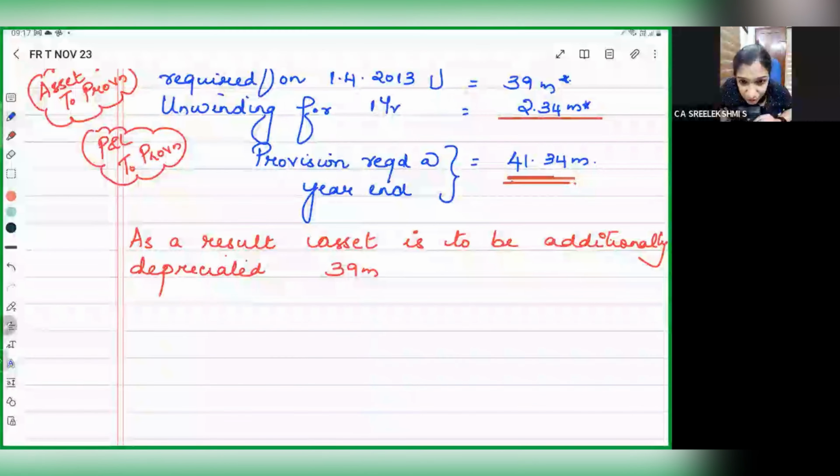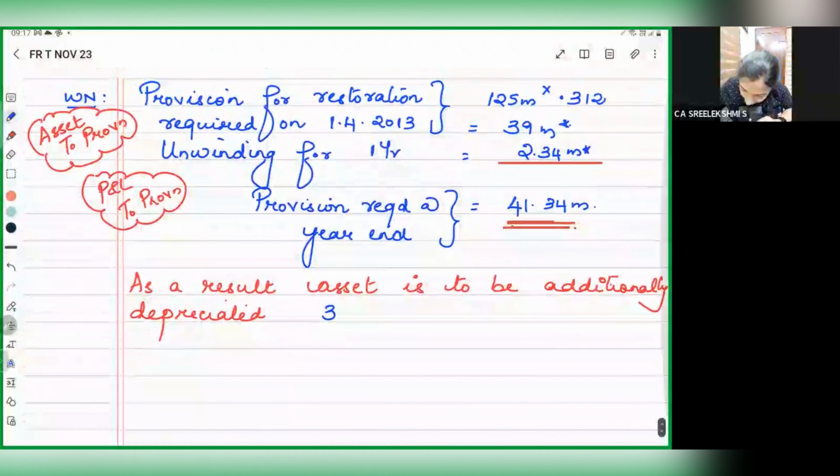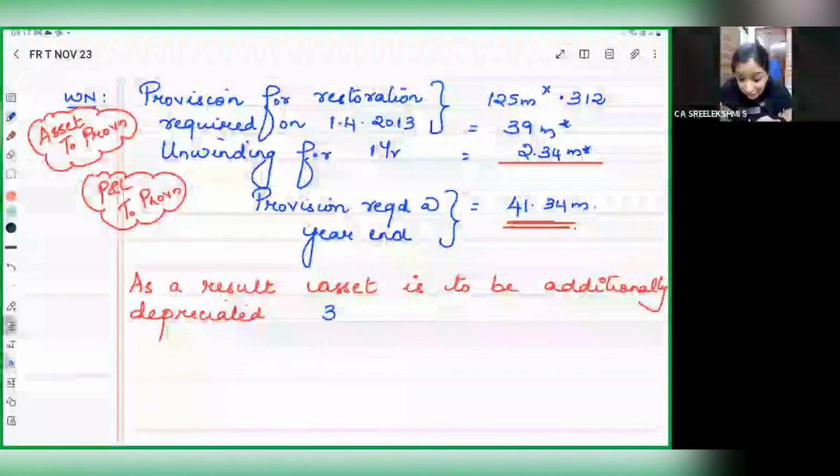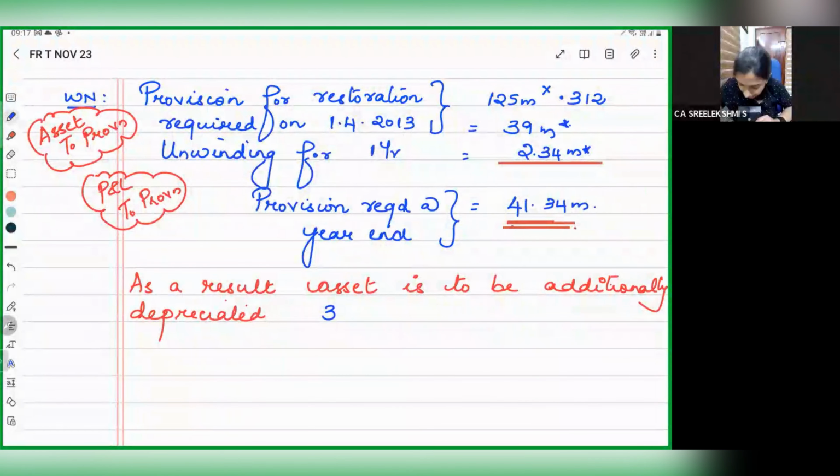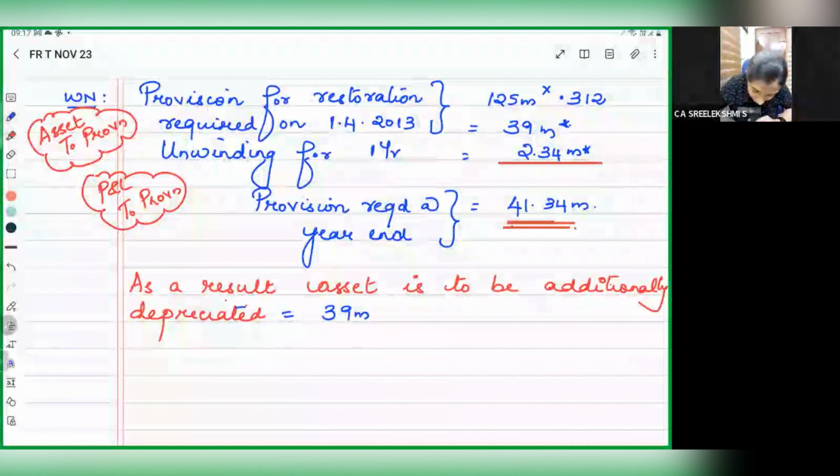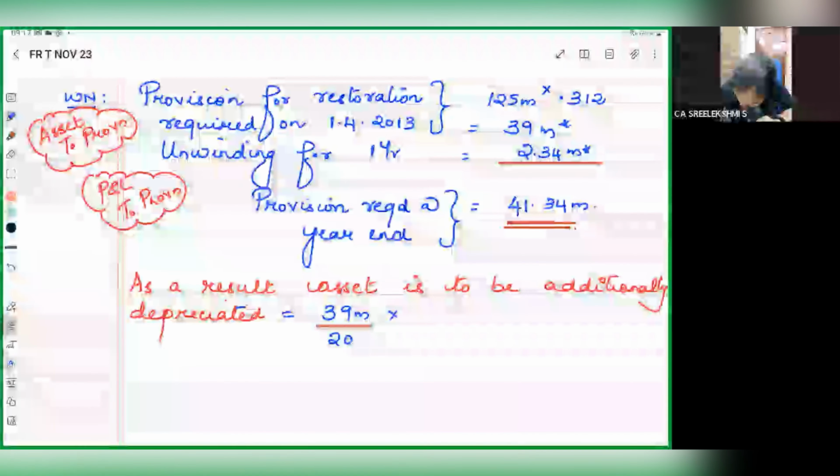Now as a result asset is to be additionally depreciated. Asset-ലേക്ക് ഞങ്ങൾ ഈ provision capitalize ചെയ്തിട്ടുണ്ടാവണമായിരുന്നു. Asset should have been capitalized to the extent of 39 million, additionally depreciated 39 million divided by 20 years, ഒരു വർഷം കഴിഞ്ഞു.